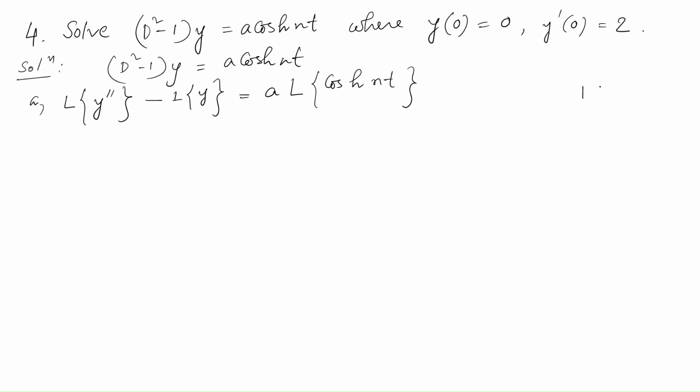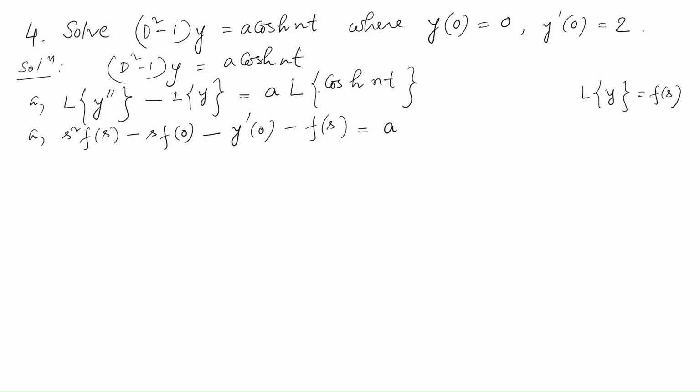If we take Laplace transform of y as F(s), then by the theorem, the Laplace transform of the second order derivative is s square F(s) minus s y(0) minus y prime 0, and here the Laplace transform of y is F(s).